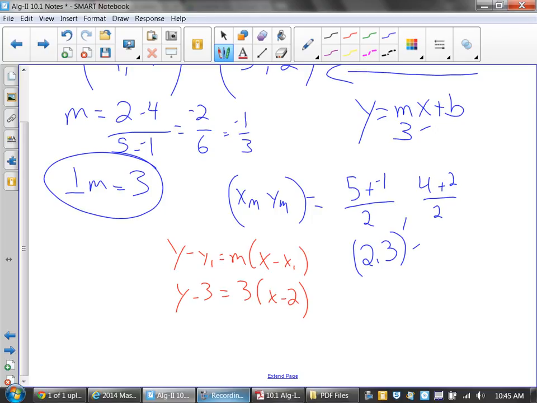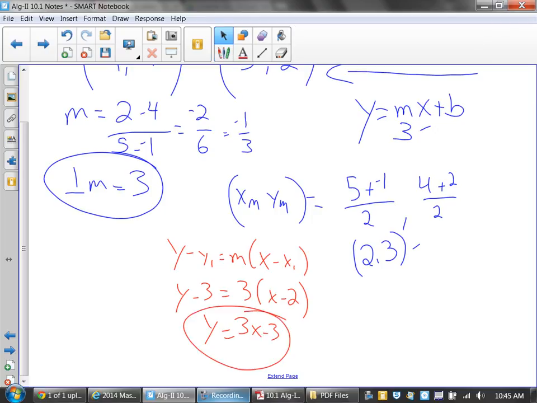Again, distribute your 3, you get 3x minus 6. I have to add 3 to that side, so my final answer is y equals 3x minus 3. And there's the equation of the line of the perpendicular bisector of the two given points.